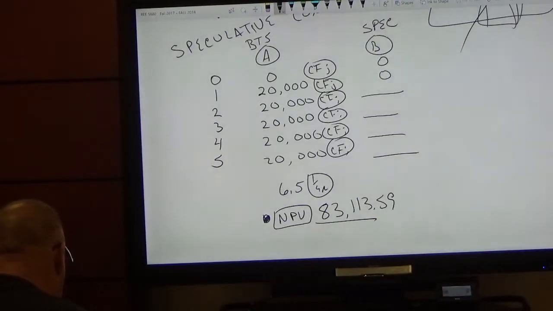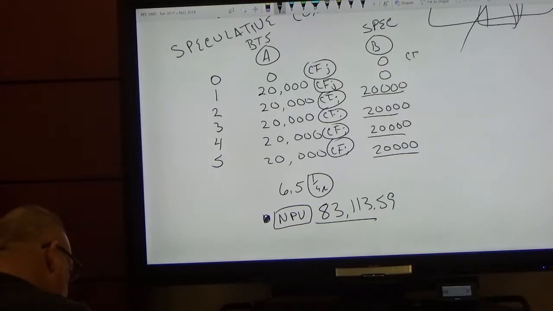So what we could do is, let's just say we put the 20,000 in, just for fun, just to see what this does to us. All right, put these in as cash flows.